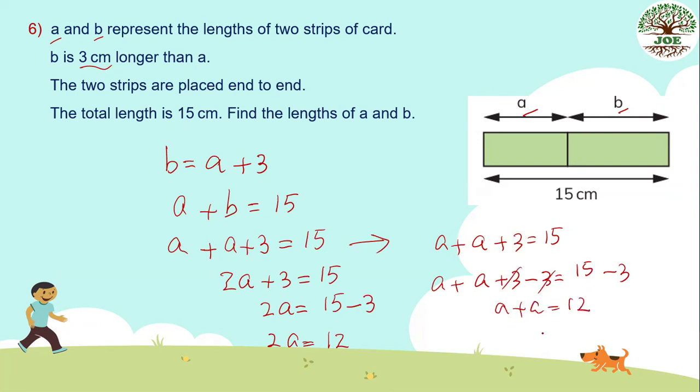So 2A is 12. Each A is 12 divided by 2, which is 6. So A equals 6 centimeters, and our B is 3 more than A. B is 6 plus 3, which is 9 centimeters.